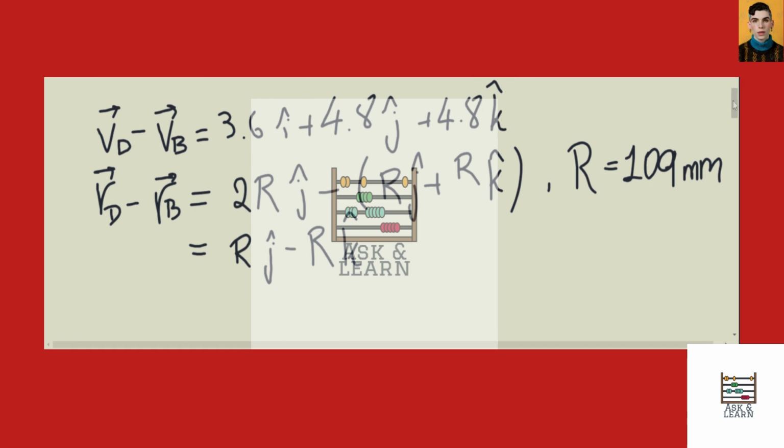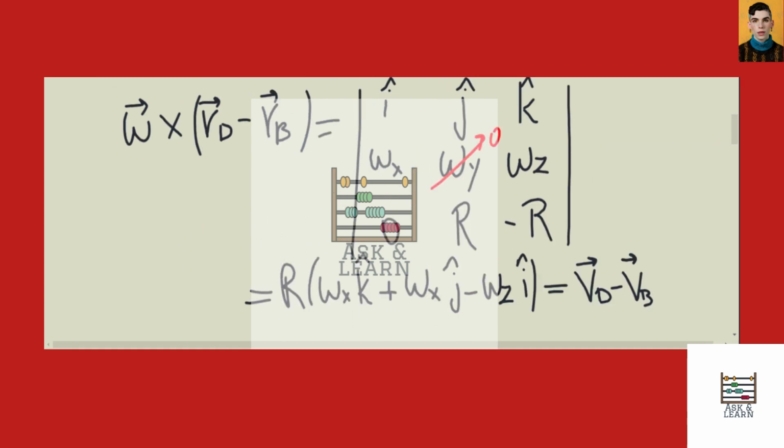And if you check the previous result, you might be able to see immediately that the x component of the angular velocity vector equals 4.8 over r, which approximately is 44 radians per second.